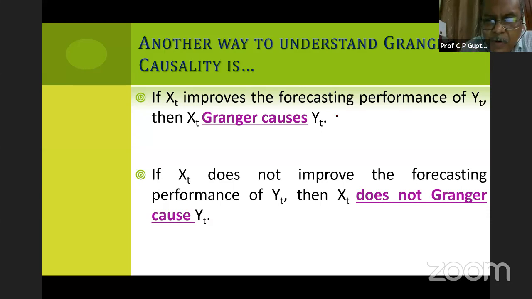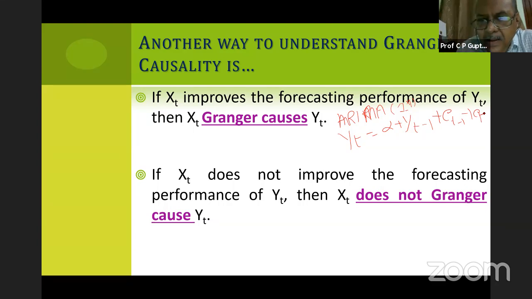Suppose you have an ARIMA model, say ARIMA(1,1). So you say Y_t is equal to alpha plus Y_{t-1} plus error term e_{t-1} plus e_t. This I'm predicting only with the information of the Y series.